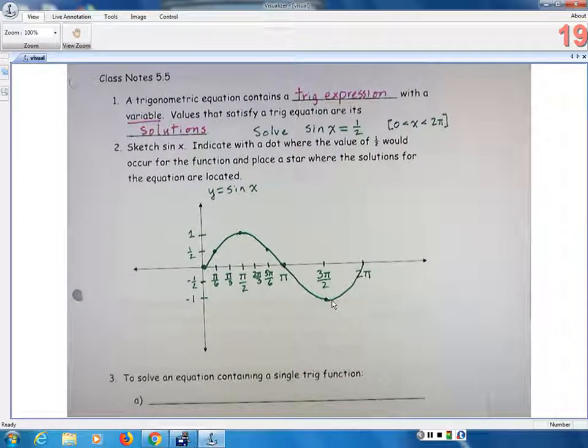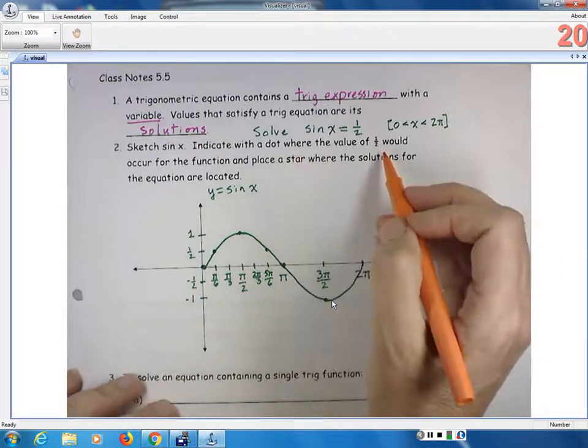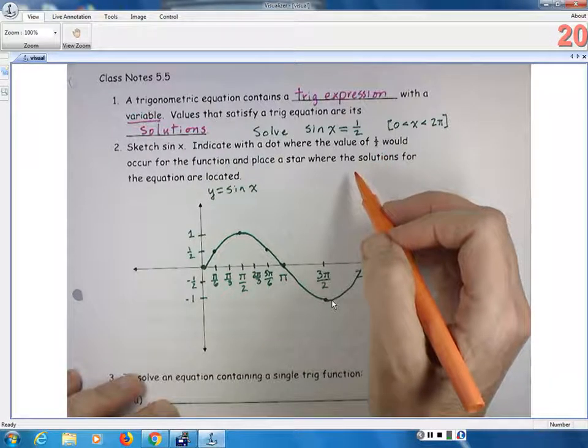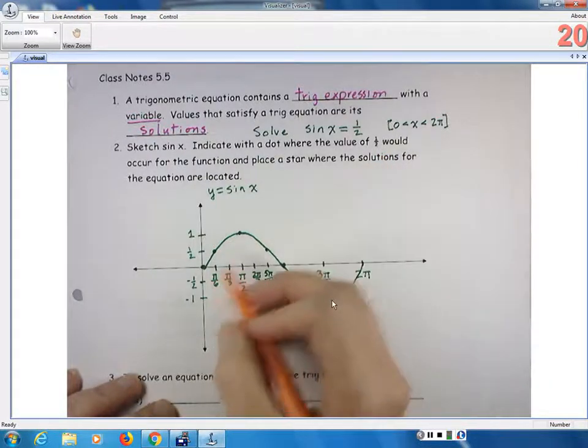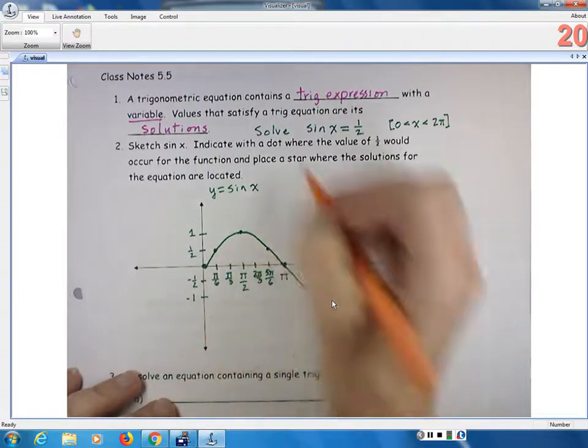So to solve this graphically, it says indicate with a dot where the value of 1/2 would occur for the function. Maybe we should say with the arrow.